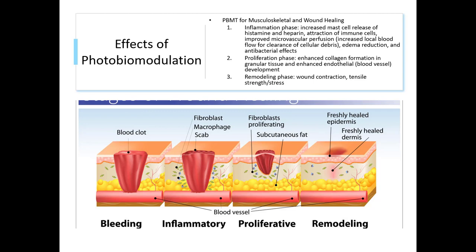Improved microvascular perfusion, which results in increased local blood flow for the clearance of cellular debris, edema reduction, and eventually antibacterial effects. During the proliferation phase, we have an enhanced collagen formation in the granular tissue and enhanced endothelial or blood vessel development. Lastly, in the remodeling phase, we see wound contraction and increases in tensile strength and stress.